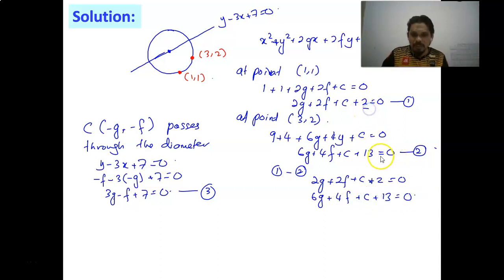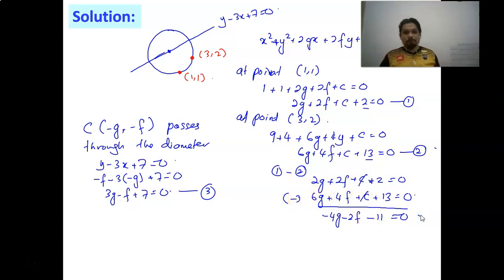This is 2 and this is 13, minus. c minus c again equal to 0. 2 minus 6 equal to negative 4g. 2 minus 4 equal to negative 2f. Then 2 minus 13 equal to negative 11 equal to 0. Okay.